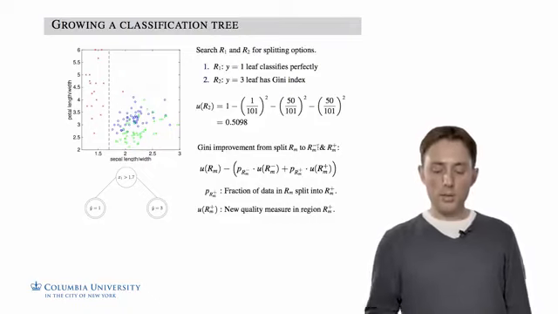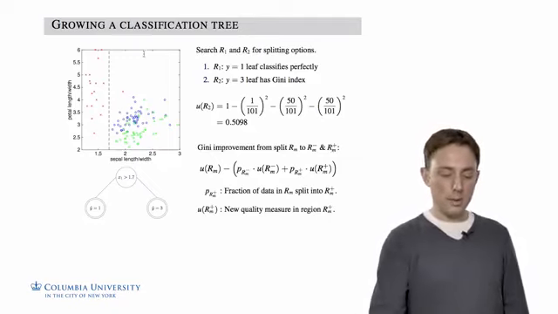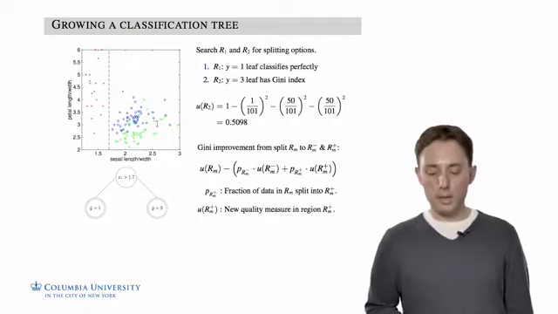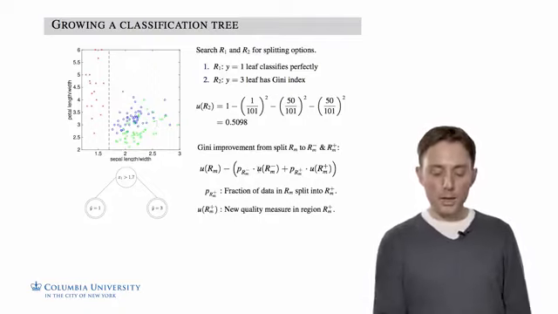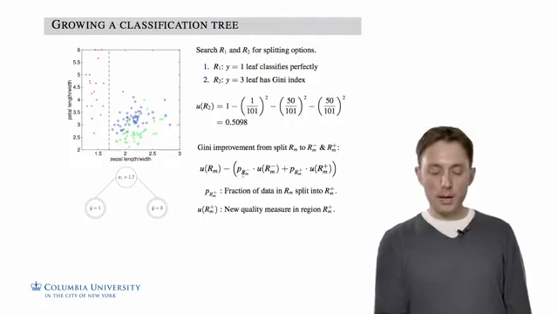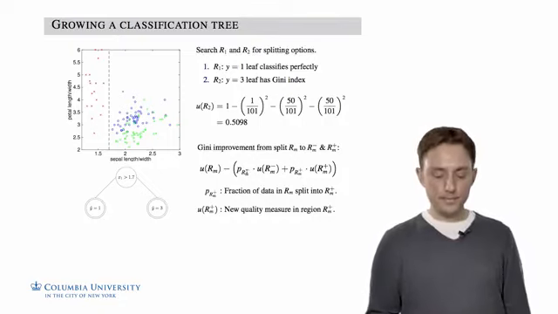Call one of them Rm minus and one of them Rm plus. For example, if this was where we split, then this region would be Rm minus and this region would be Rm plus. We calculate the Gini coefficient for the resulting data in those two regions, like this, and we multiply it by the fraction of the data that fall in those two regions.